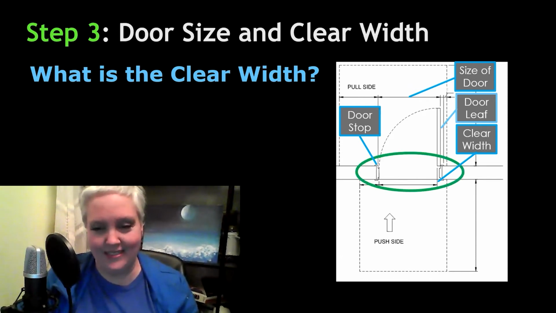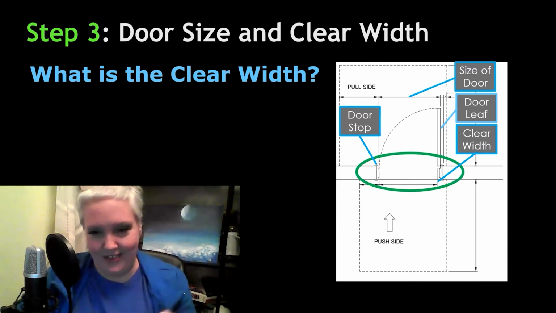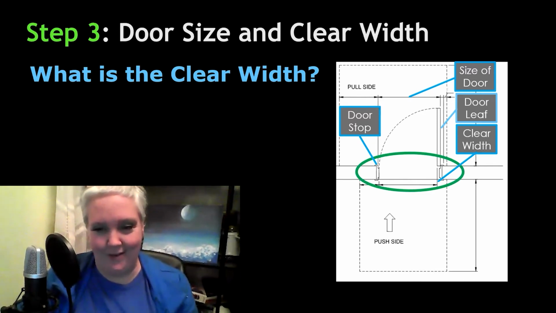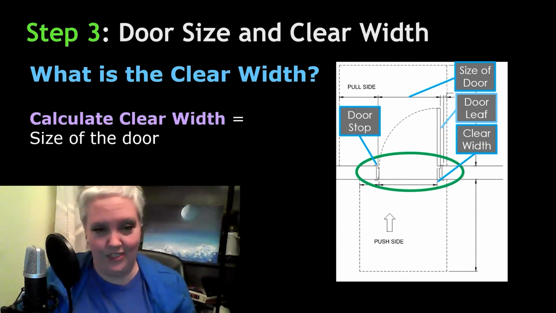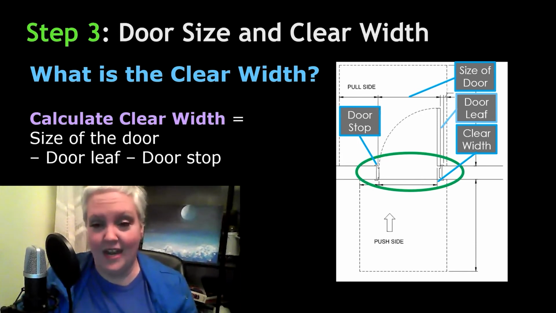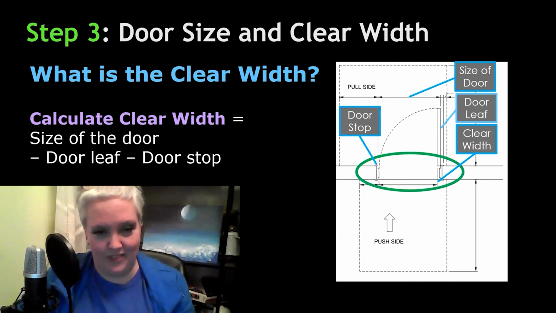How do we do this? The green circle here is showing you the area at the threshold. If we're calculating the clear width, the first thing we can do is start with the size of the door, and then subtract the door leaf, that's the thickness of the door in the 90-degree open position, and the door stop that's on the latch side when the door is closed.